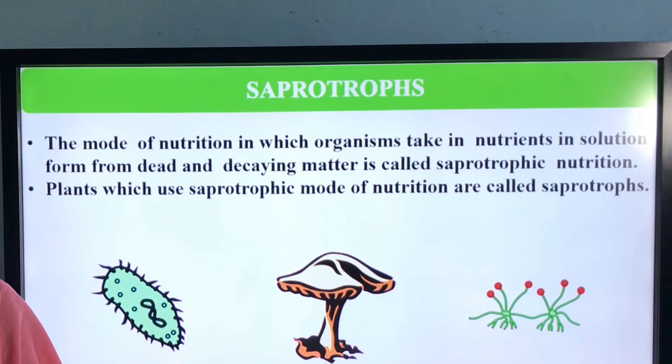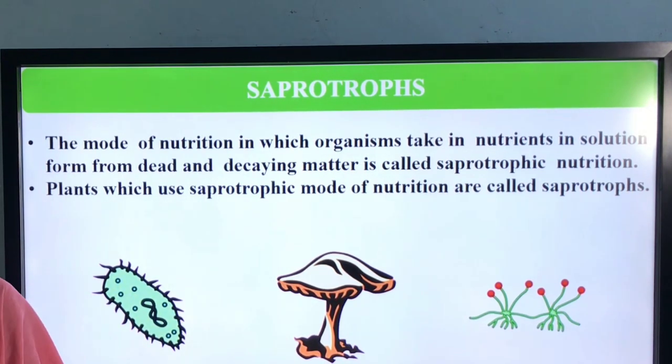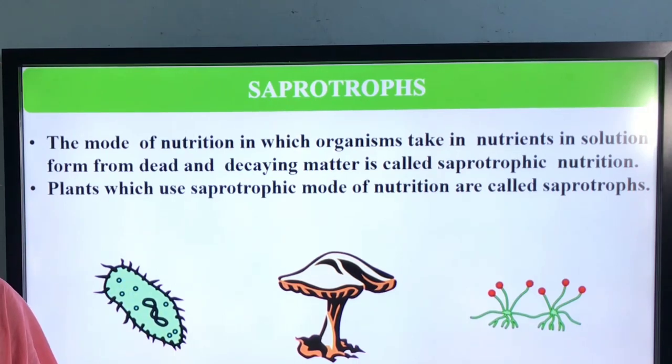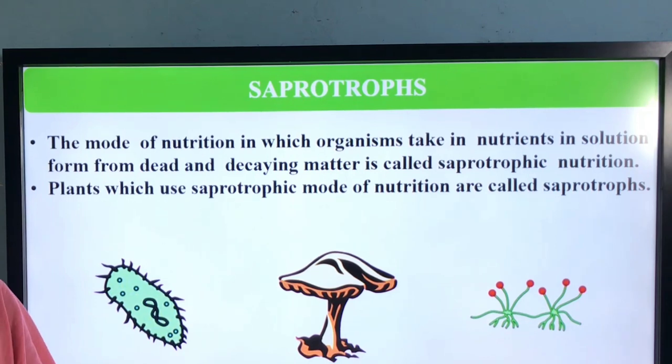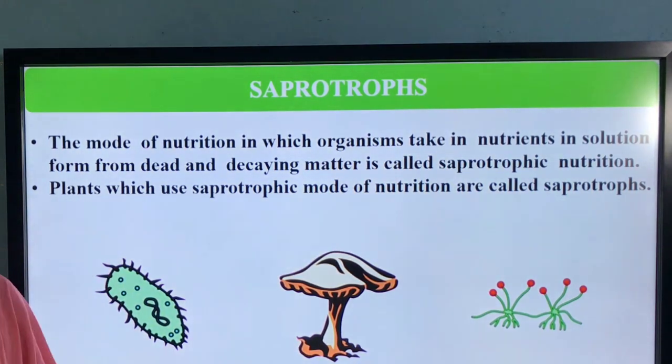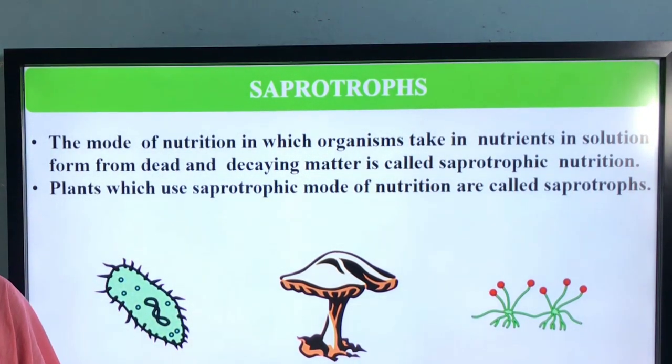During the rainy season, you might have seen an umbrella-like structure growing on rotten trees and some dead and decaying matter. That is nothing but a type of fungi called mushroom. These mushrooms grow on the dead and decaying matter and take the nutrients from the dead matter. Here sapro means rotten, or you can say dead and decaying matter.